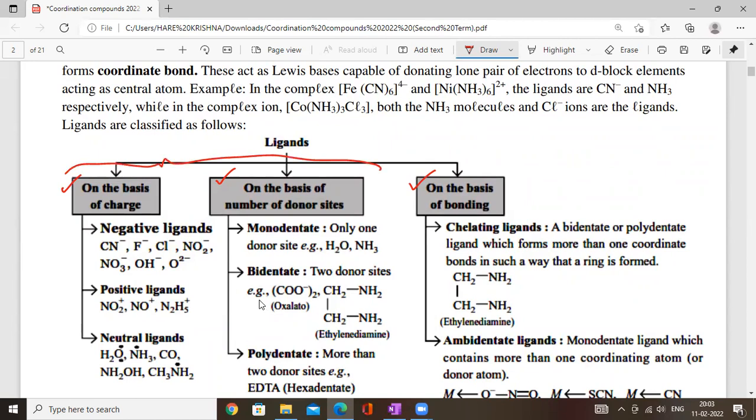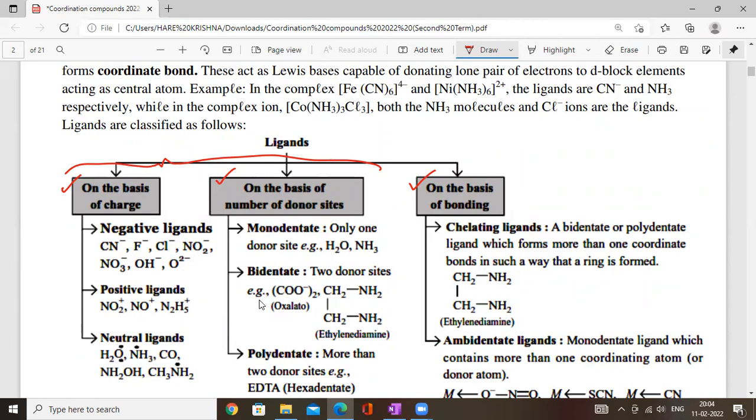Negatively charged ligands include CN-, F-, cyanido, fluorido, chlorido, nitrito, nitrate, hydroxo, oxo. This one has a positive charge, nitronium, because positive charge always ends with 'ium', nitrosonium, and so on. Neutral ligands like water, ammonia, NH2OH have lone pairs of electrons which they are capable of donating.